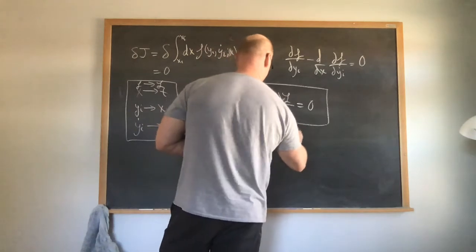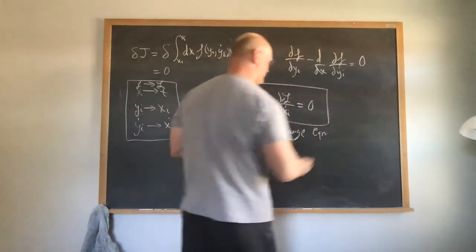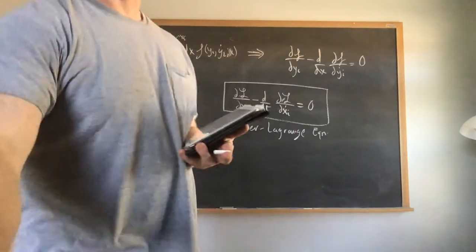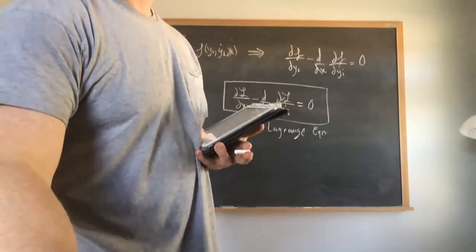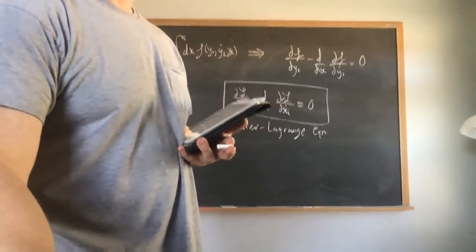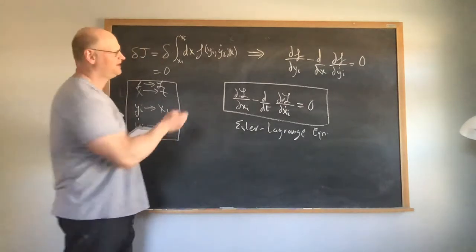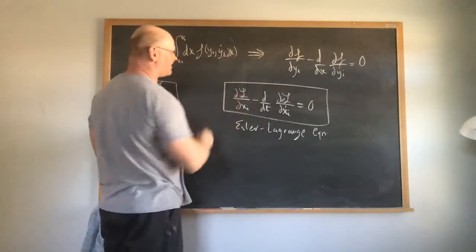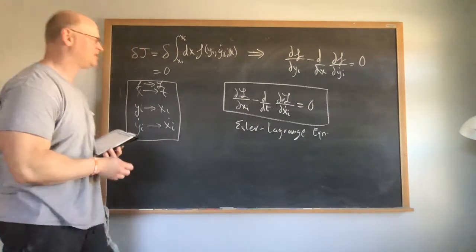Euler-Lagrange equation. This is known as the Euler-Lagrange equation because we're working now with classical mechanics instead of just any type of system. So anytime this is applied to classical mechanics, the integrand gets identified as the Lagrangian, which again is the difference between the kinetic energy and the potential energy.